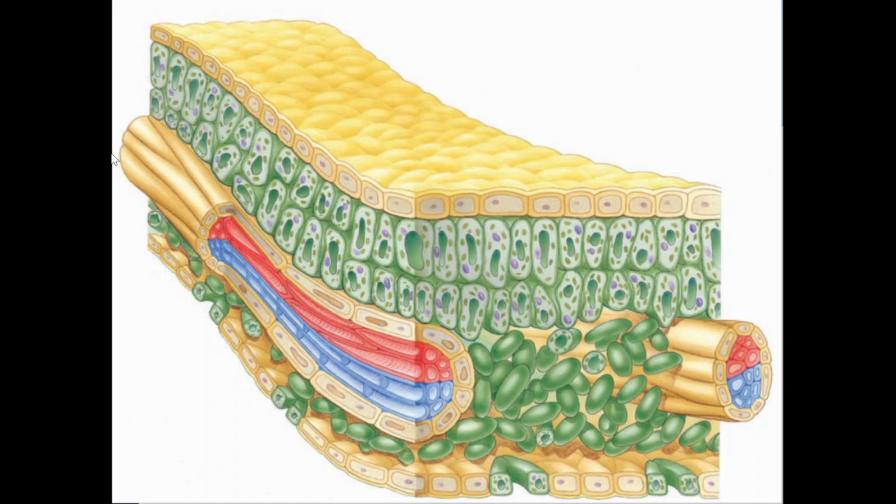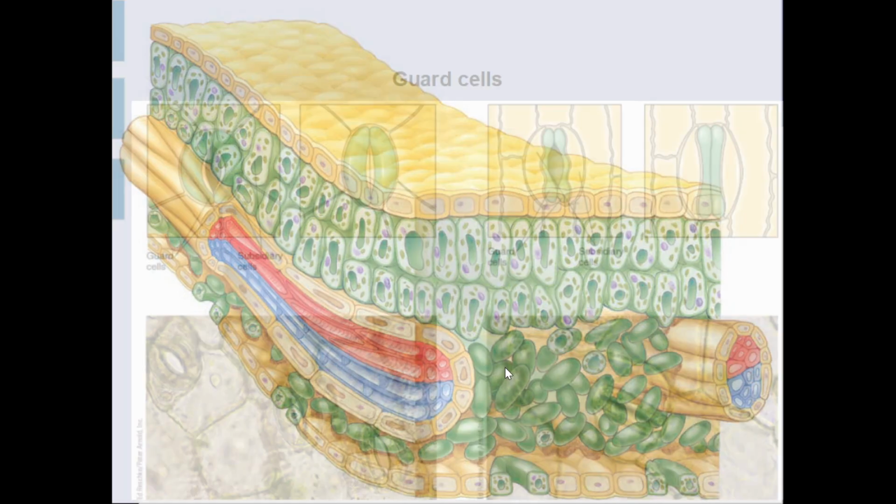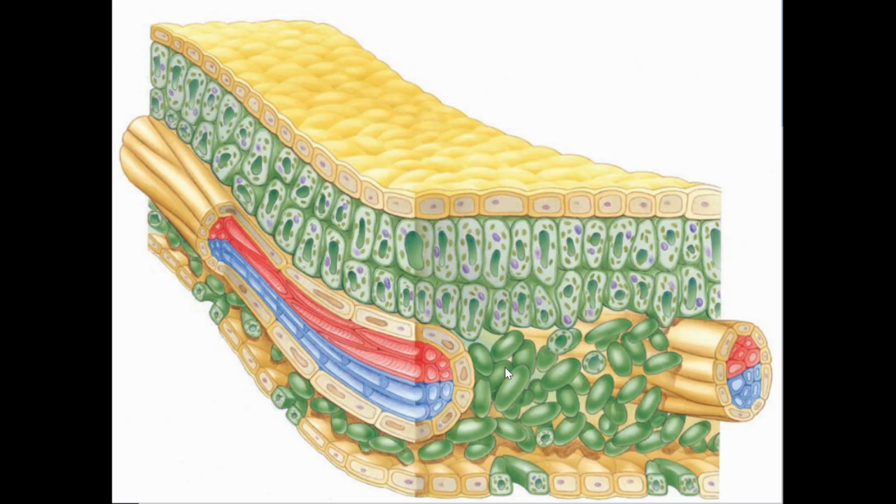And then there are veins. This is a vascular system with xylem and phloem. We can see here a xylem, this is a phloem, and this is a bundle sheath. And then between them there is a spongy mesophyll. Spongy mesophyll is called spongy because it looks like a sponge.